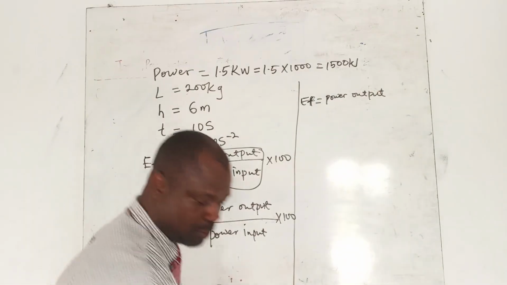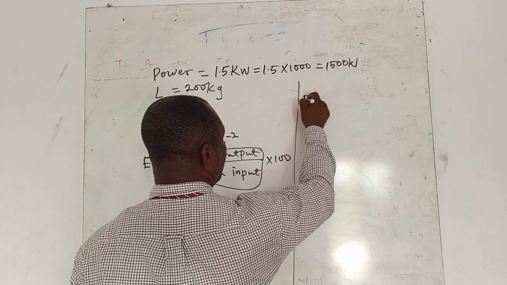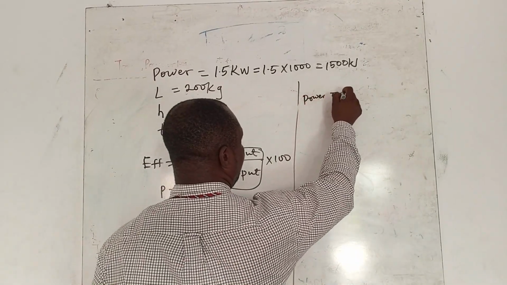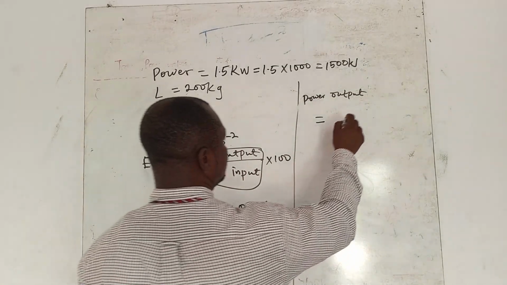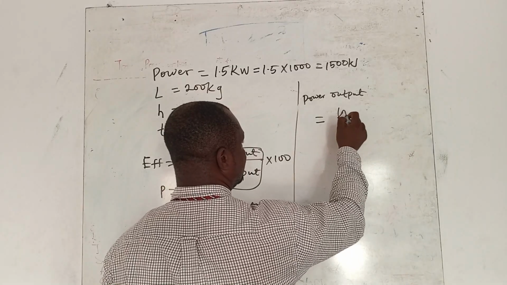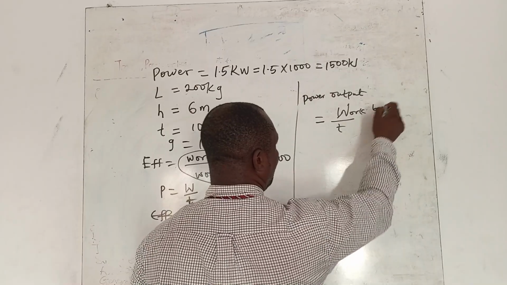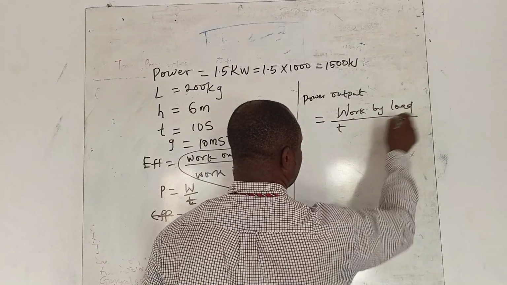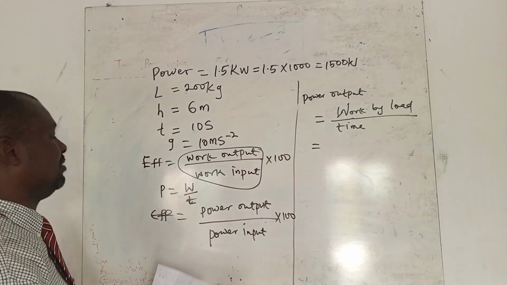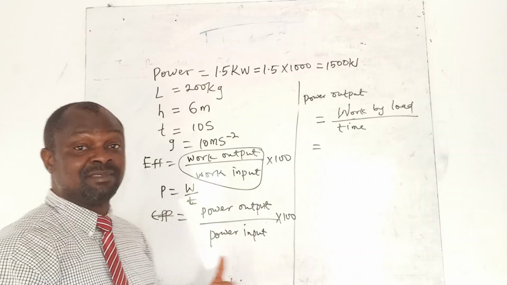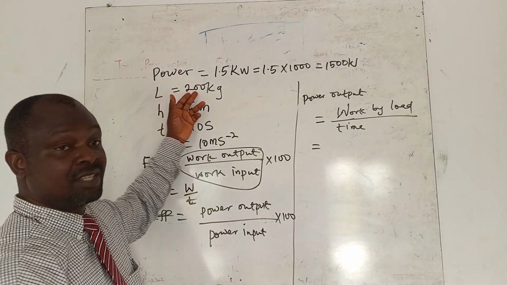Let's get the power output first. Power output is equal to, power is work divided by time. So it's work done by load divided by time. Work done by load, let's look at what we're given. Work is force times distance. Now we're given load to be 200 kilograms.